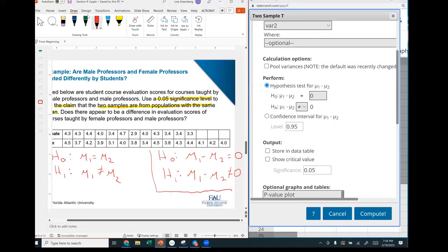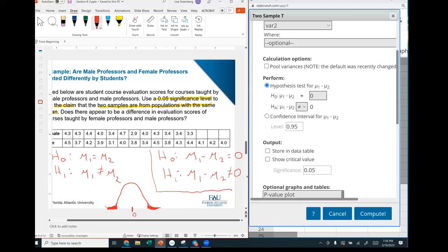It's a two-tailed test because either mu1 minus mu2 is 0 or it's not 0. So I can have information down at this end, or I can have information up at this side. That's why it's a two-tailed test.